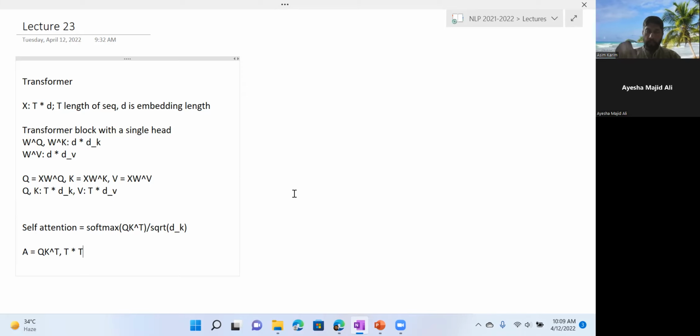Since this is a causal or backward looking transformer, we do not, for example, want to compute Q3 into K4 for the next word in the sequence. We are only looking at Q3 with K3, Q3 with K2, Q3 with K1.